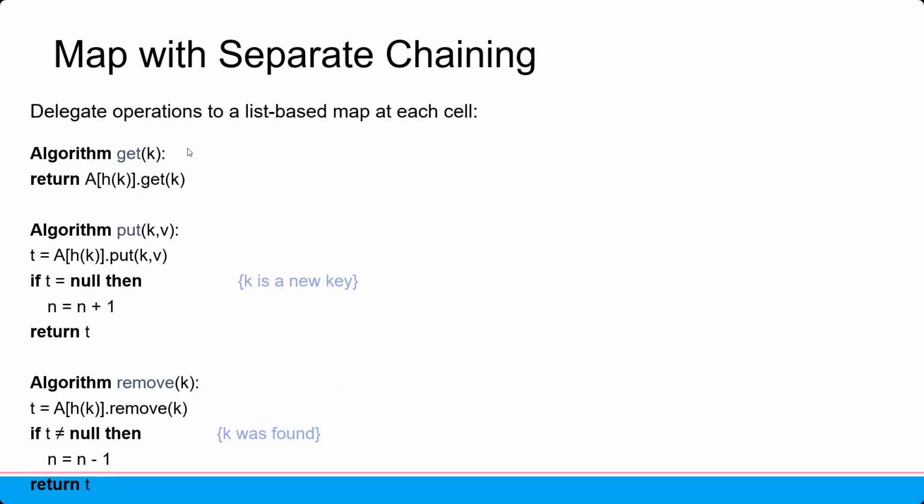So this is the simple algorithm to show how separate chaining works. We can delegate the operation to a list-based map. I hope you already know what a list is, and the map is based on the dictionary.